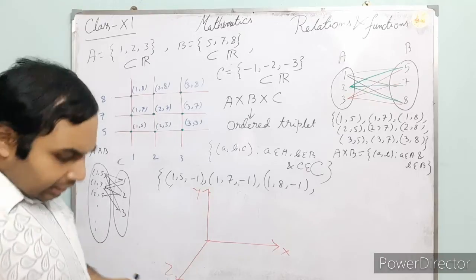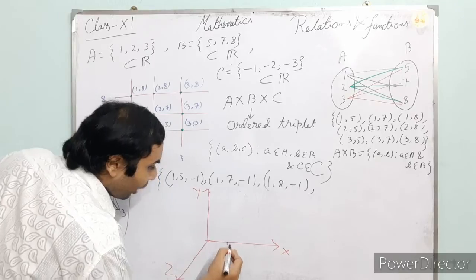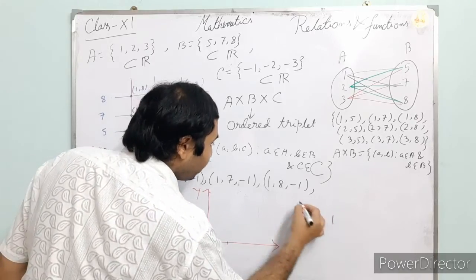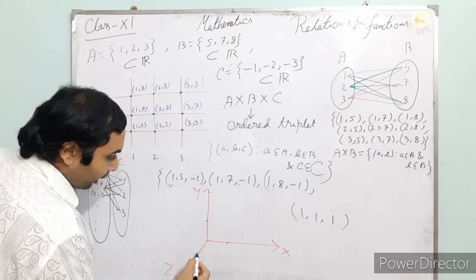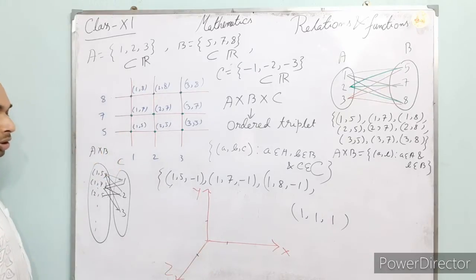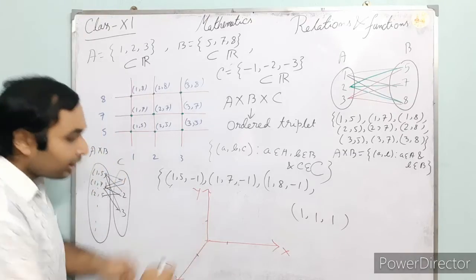Now if I just write one point, that is (1, 1, 1). If this is the simple point, 1 here, 1 here, and then at the z-axis also 1. So how does this point look like? Here 3 coordinates are there.